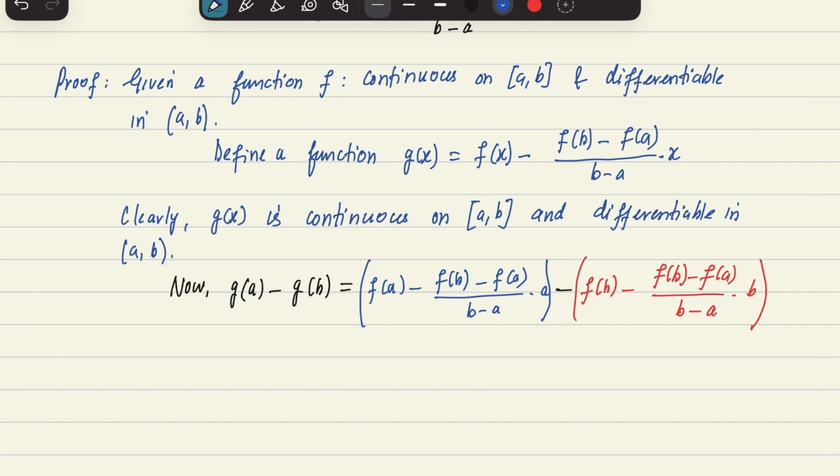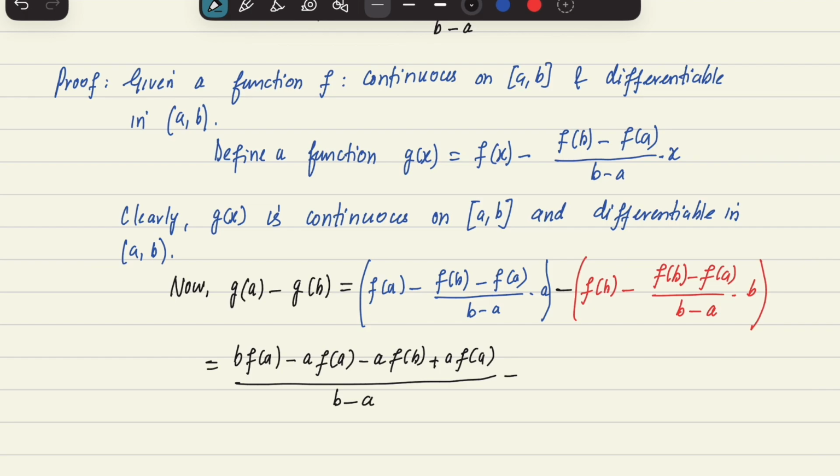Now we can further simplify it. This is now equal to, now (b minus a) into f(a), this gives b f(a) minus a f(a). Then (f(b) minus f(a)) into a, this gives minus a f(b) plus a f(a), whole divided by (b minus a).